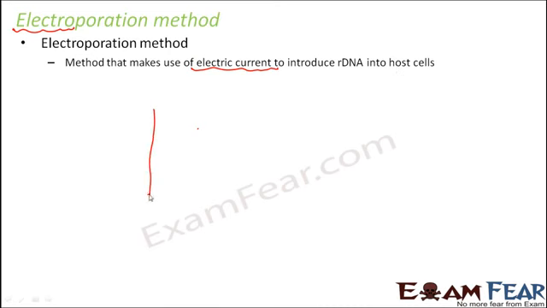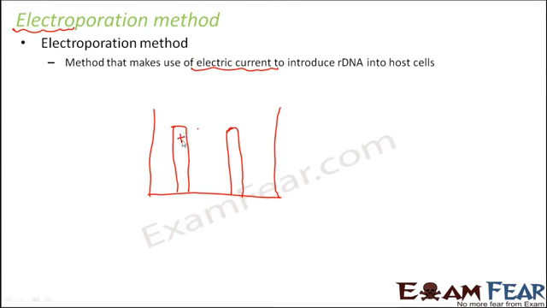Let us look at it experimentally, because only with the experimental setup will you be able to understand it. Let us suppose this is a chamber where you have an electrolyte as well as electrodes. These are the two electrodes, one a positive electrode and the other a negative electrode, and you have a divalent electrolyte in this chamber, which can act as a catalyst.